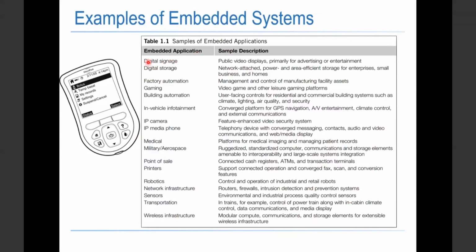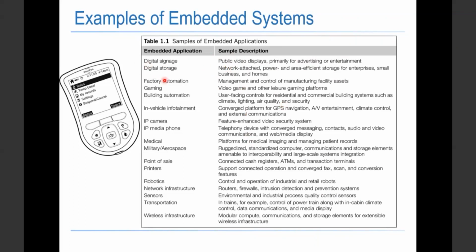The digital signage will display public video, primarily for advertising or entertainment. If you enter UTM, at the entrance you will see the billboard. It will display all the videos, advertising, and what is happening in UTM now. So that one is one of the embedded systems.